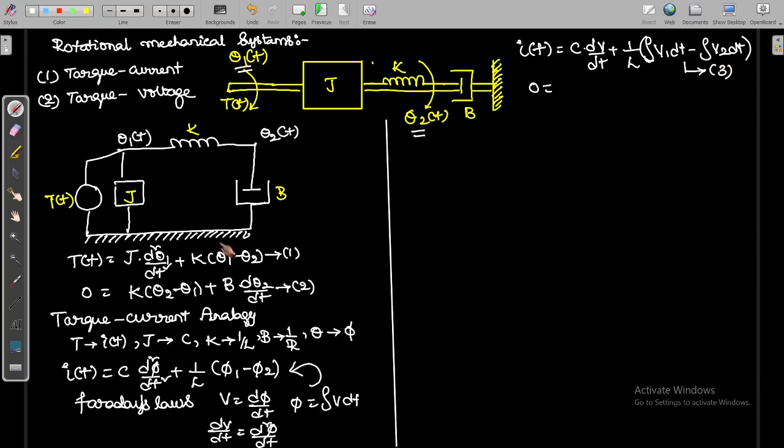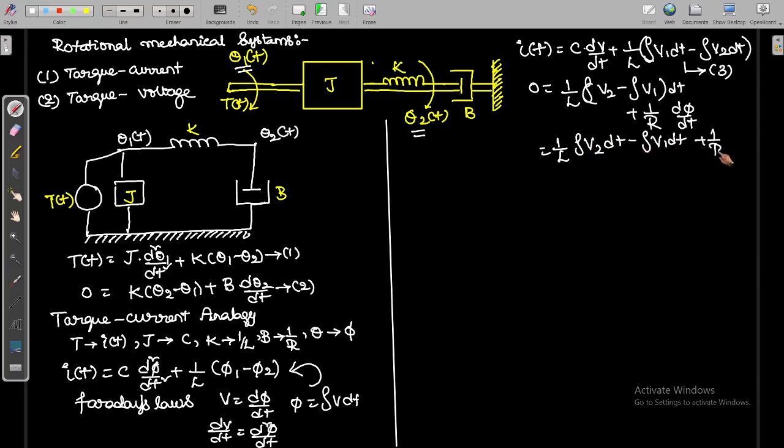For the second equation, k is replaced with the inverse of inductance, 1 by L, times the integral of v2 dt minus the integral of v1 dt, plus b replaced with the inverse of resistance, where d theta 2 by dt can be written as d phi by dt, giving 1 by R into v. This is the fourth equation.